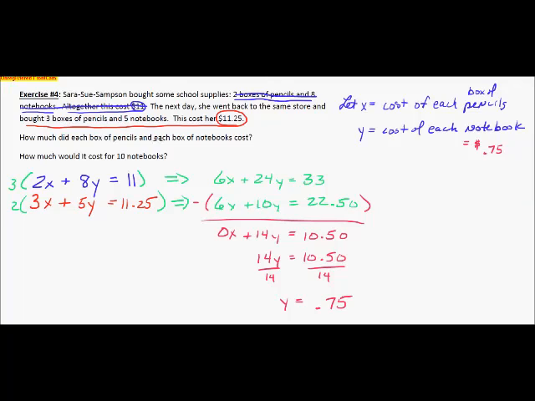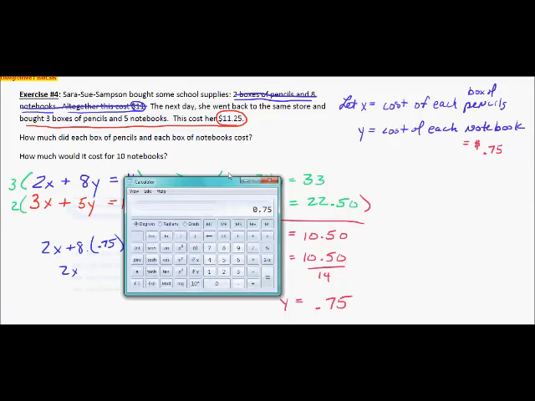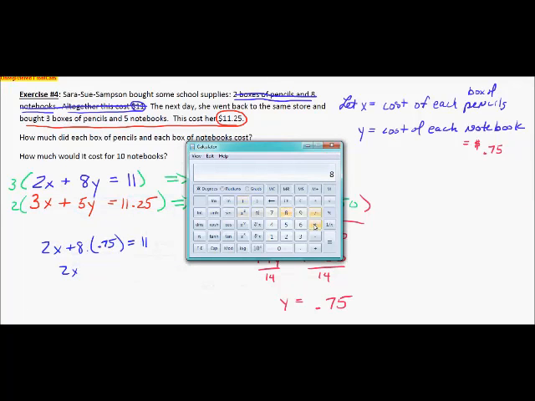Alright, and to figure out the cost of each pencil, we're going to take one of the original equations. I'll take this top one, and I'm going to plug in 75 cents for y. Now I just need to do the math. So 2x, and I need 8 times 75 cents.